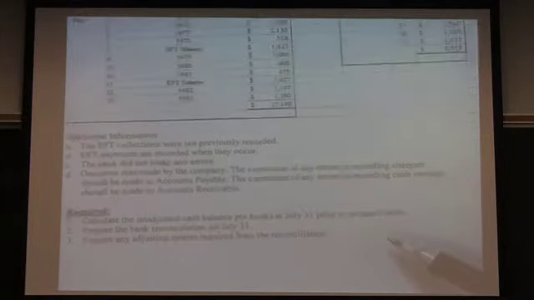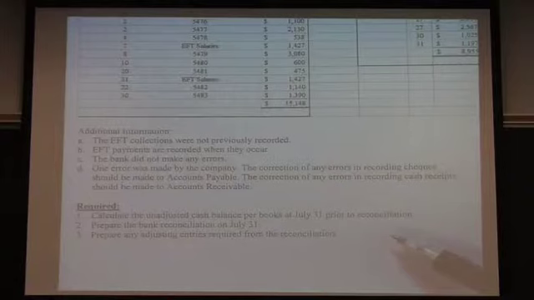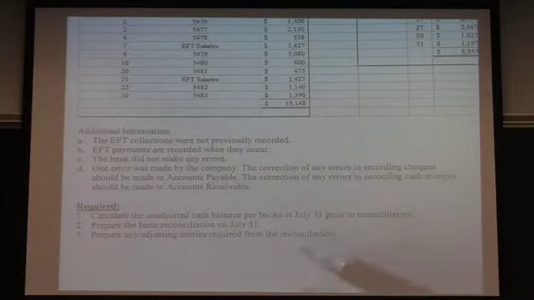So the first question they ask you is to do the unadjusted cash balance per books at July 31st, prior to the reconciliation. And they ask you to do a bank reconciliation and also prepare the adjusting entries.